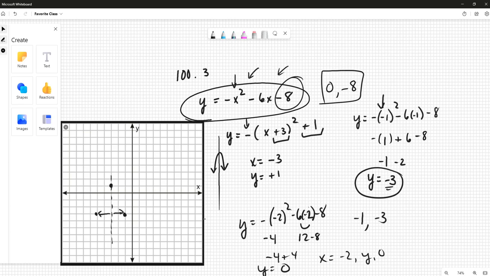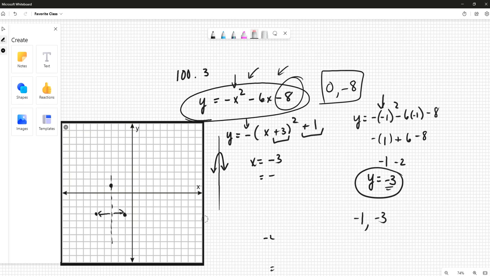And no, that did not work. I did something wrong here. Let me try it again. I think I tried to rush that. So negative 2 squared minus 6 times negative 2 minus 8.